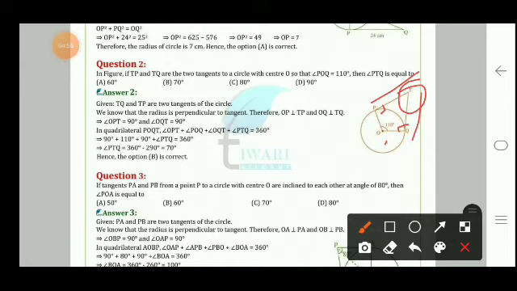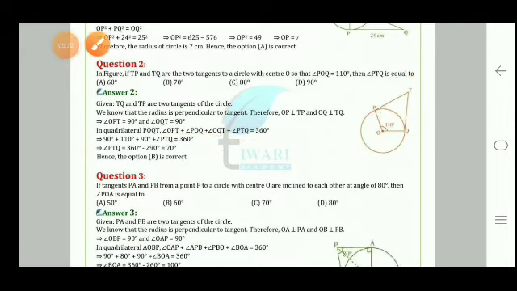So these are 90, 90. Now we know that in a quadrilateral the sum of all the angles is equal to 360 degrees. So angle OPT plus angle POQ plus angle OQT plus angle PTQ is equal to 360 degree. Putting all the values, we get PTQ is equal to 360 degree minus 290, that is 70 degree. Hence option B is correct.